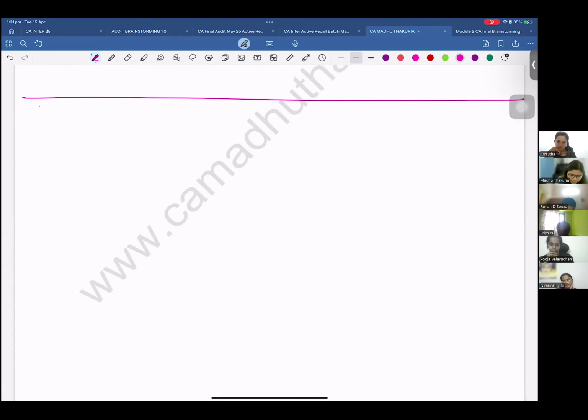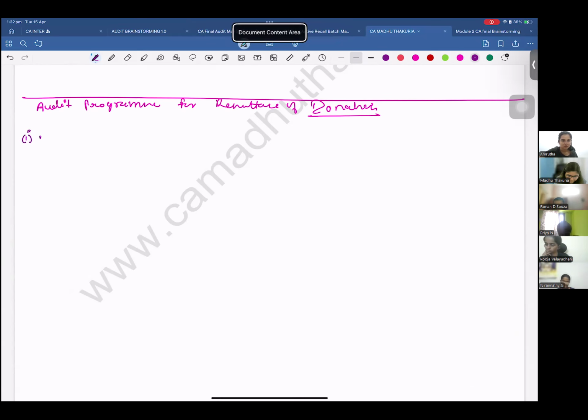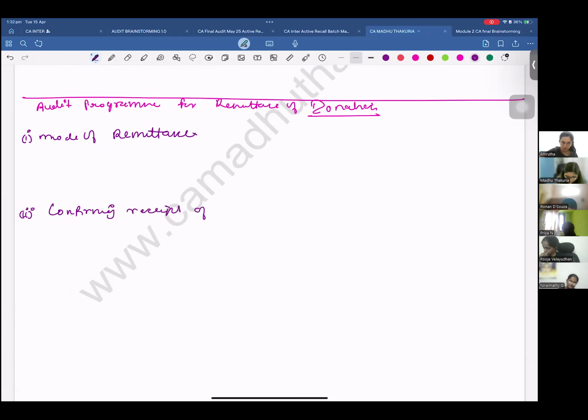Then audit program for remittance of donation. First of all, understand what is the mode of remittance of donation. Then confirming receipt of remittance.